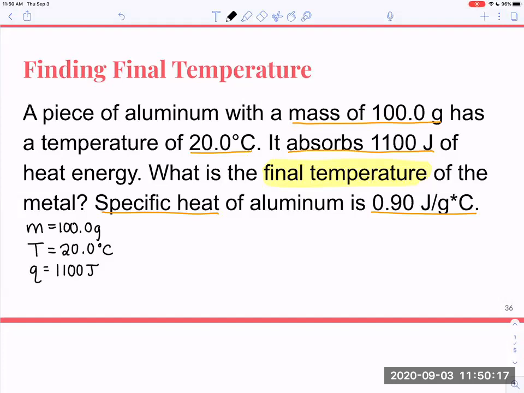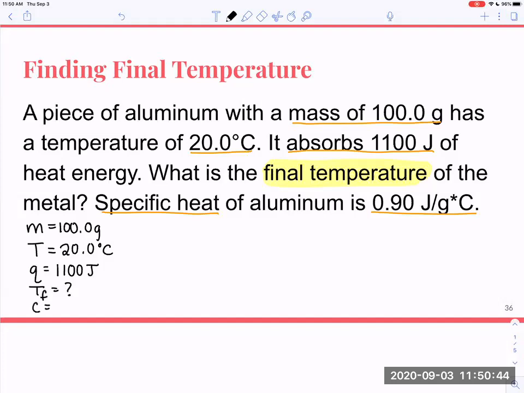Now, if it said it lost or emitted, then we would have to put a negative here, and that's really going to help us make sure our answer is correct. So the sign of your Q can be negative. Because Q is a transfer, it can be negative. It's actually a change. So they want to know, what is the final temperature?